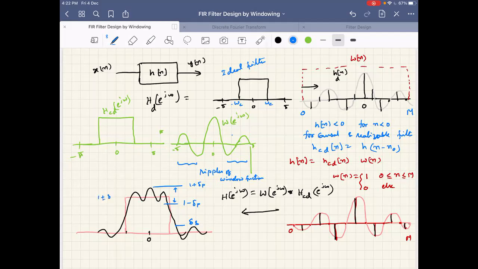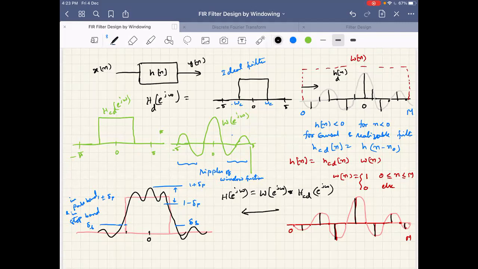Okay, and the allowable ripple is delta s in the stop band. Fine, and hence these are the specifications.